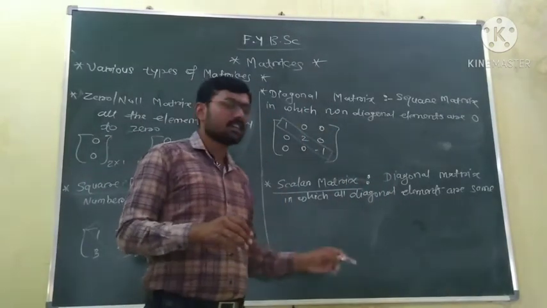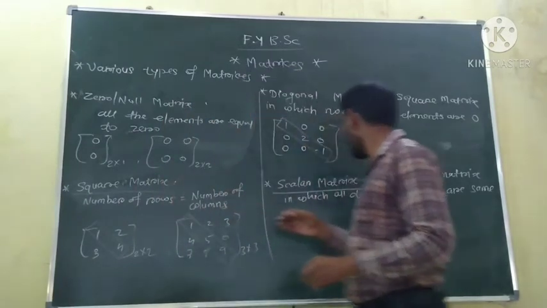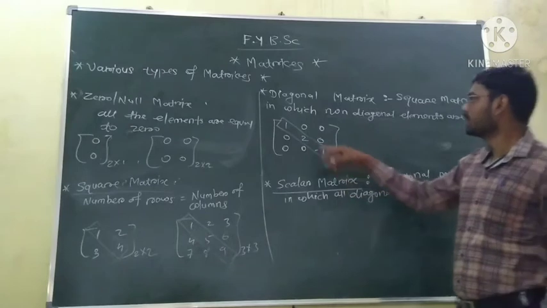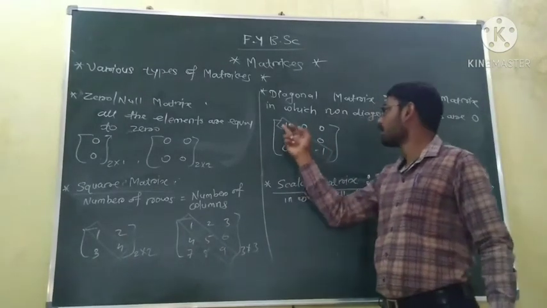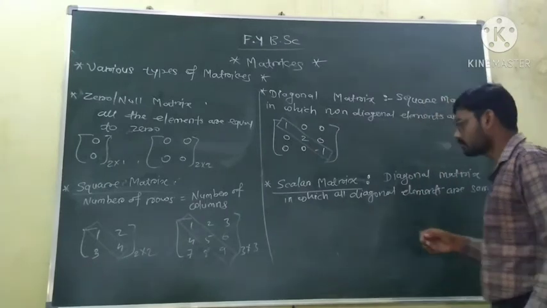A scalar matrix is a diagonal matrix in which all the diagonal elements are the same or equal. See, here the diagonal elements are 1, 2, and minus 1. They are not equal.